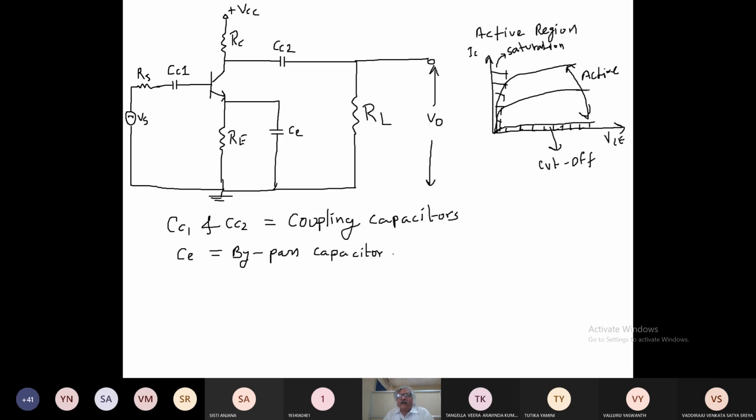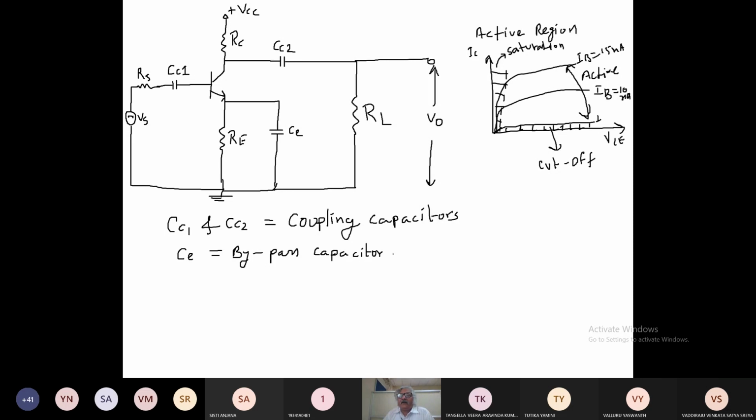Okay. See, this curve you are getting when IB has some value, let us assume 10 microampere. This curve you will get when you have IB maybe 15 microampere, right?